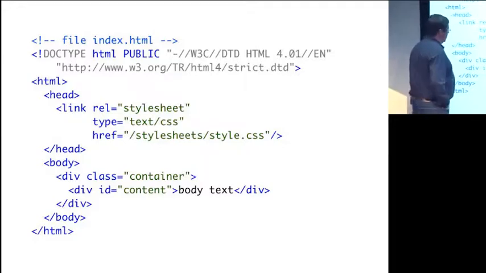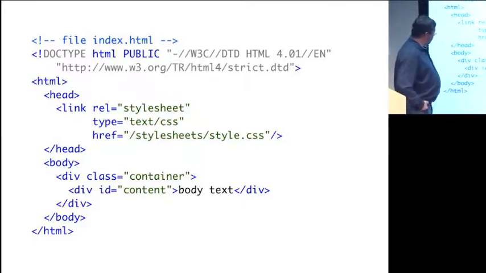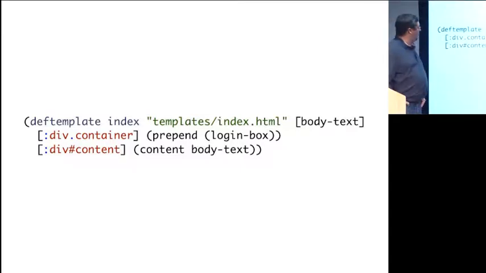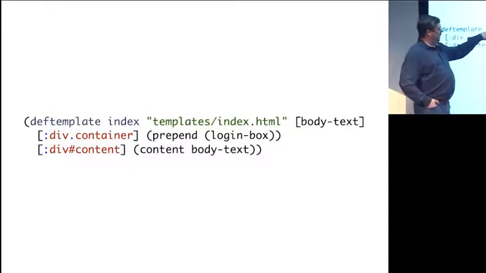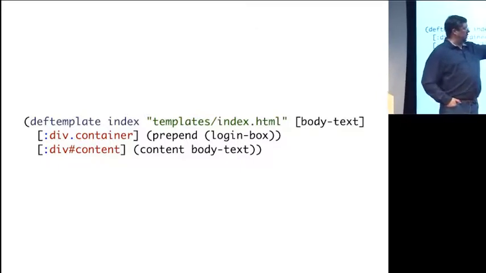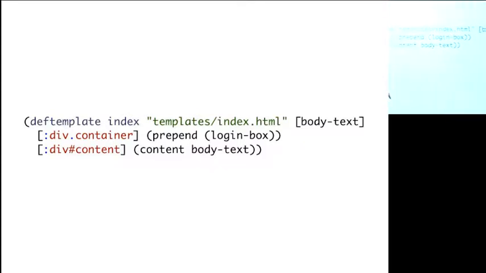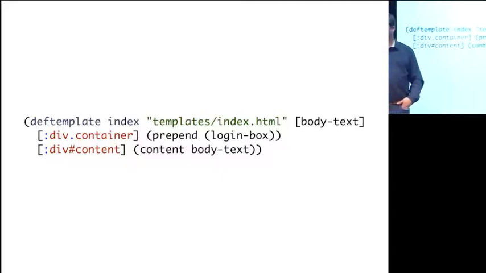So this is the index that has all the layout stuff, and you tell Enlive, I want to define a template called index, and the template's in this file, and you'll take a parameter that's body text, and then you have a set of transformation functions, right?